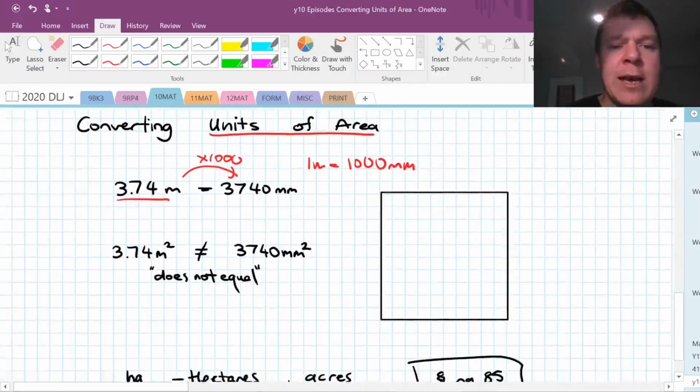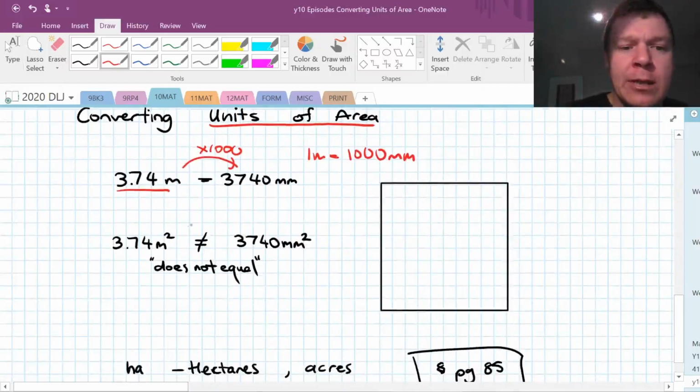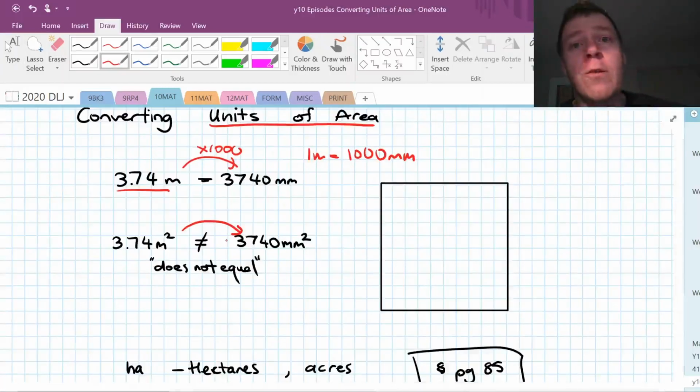Now, that's not actually the case for area, we can't just multiply by 1,000 again to get millimeters squared, and this is one of the most common mistakes that students will make, in converting units of area.